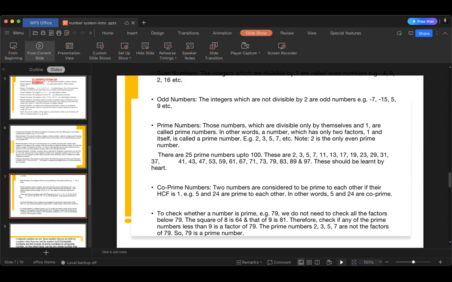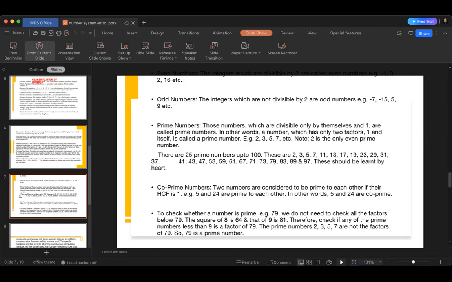Addition or subtraction of an odd number from an even number will result in an odd number. If we take the number 8, which is even, and 5, which is odd, and add these two numbers, we will get an odd number. And if we subtract 8 minus 5, we get 3, which is also an odd number.